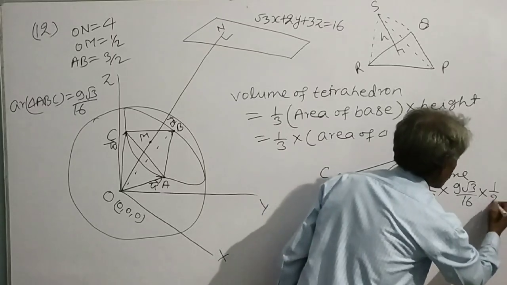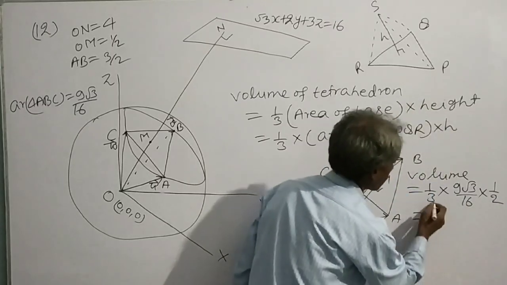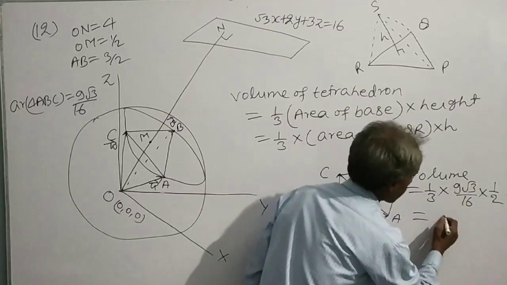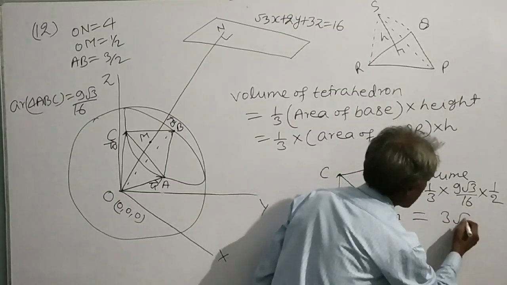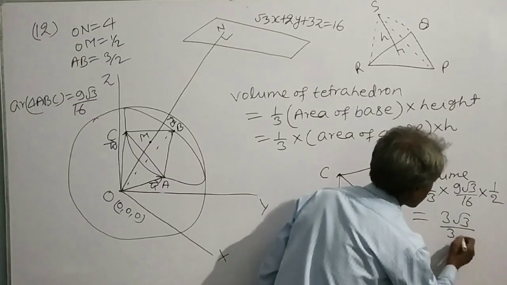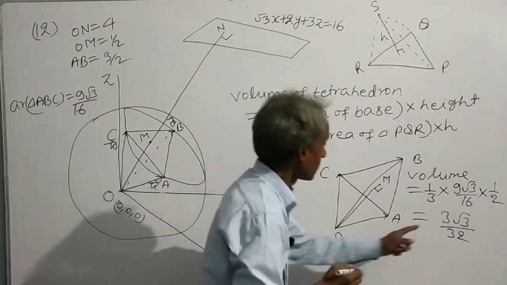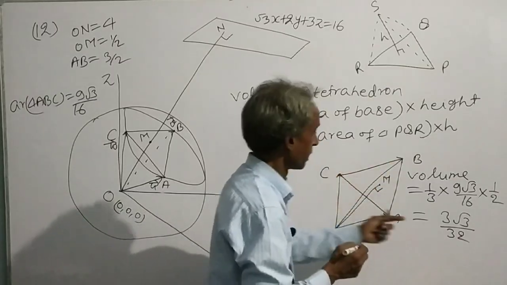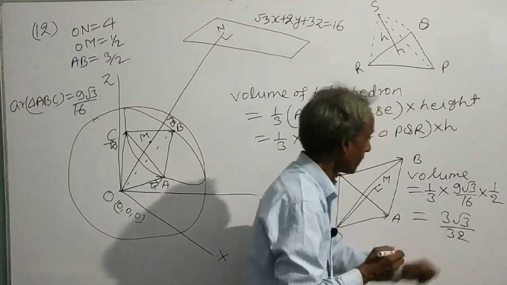This 3 will cancel with this 9, and here will be left 3 root 3 by 32. This is the volume of tetrahedron OABC, 3 root 3 by 32.